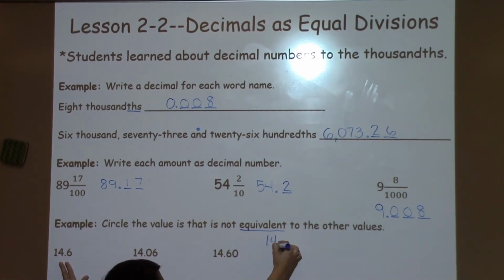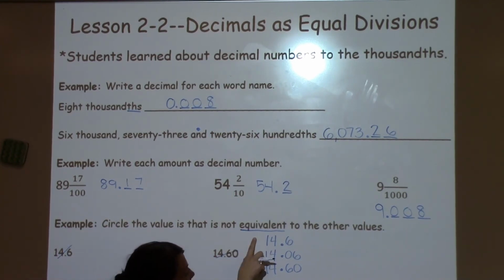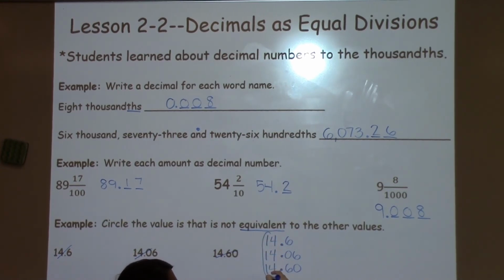The first one is 14 and 6 tenths, 14 and 6 hundredths, 14 and 60 hundredths. I've taken care of all of them and just moved them over here. What we ask students to do is to look and see which numbers are the same in the columns.